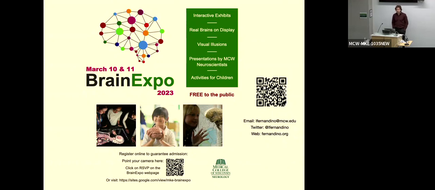What we can tell based on our data is that when you are processing the meaning of a word, as in our task in the scanner, say rating the familiarity of the word or deciding if it's a real word or not, then the areas that are primarily engaged are the heteromodal hubs, the default mode network areas. We don't see much in the modality-specific areas.